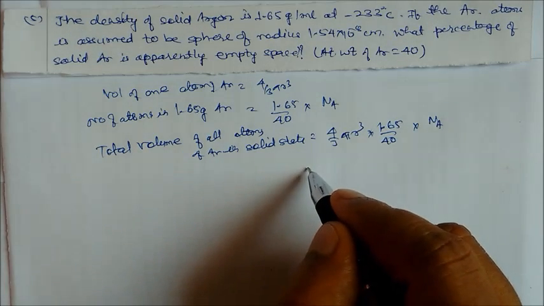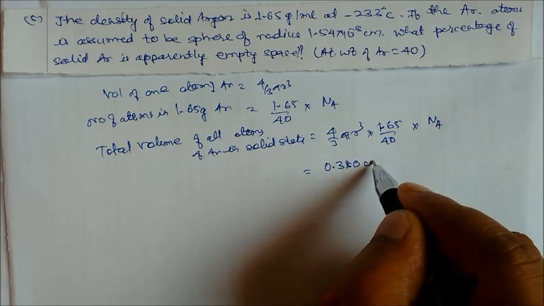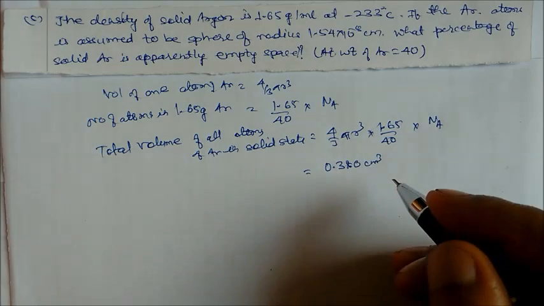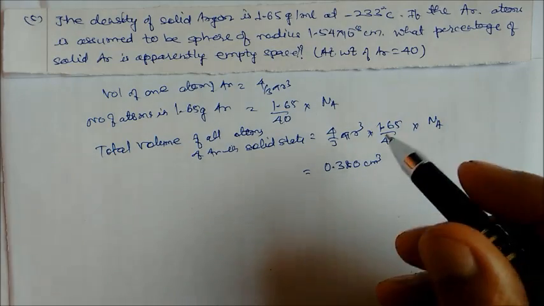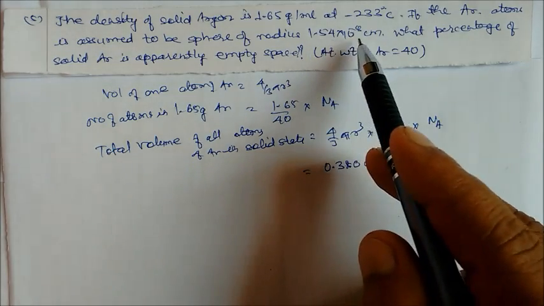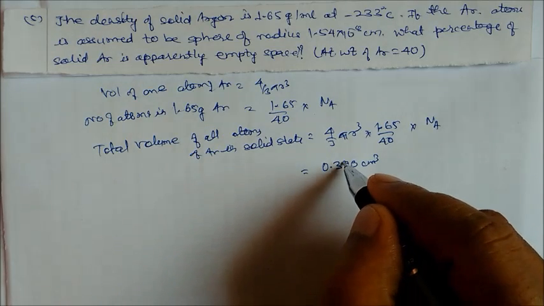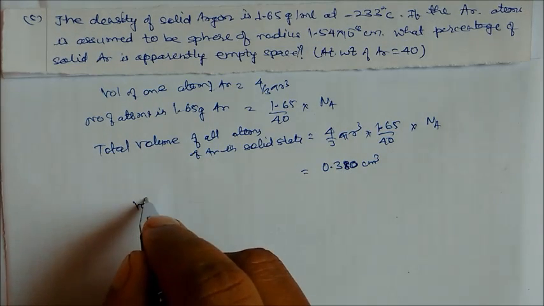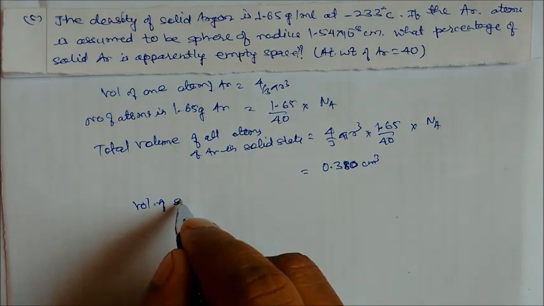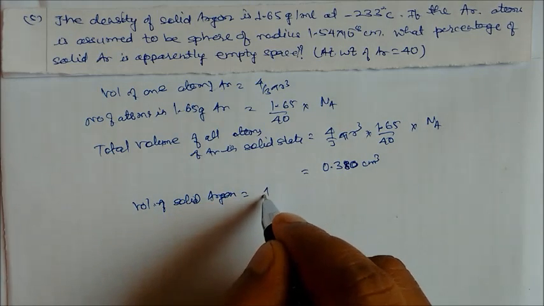So on solving, you will get here 0.380 centimeter cube. Okay. So what is the radius? Radius we already know that it is 1.5 into 10 power minus 8 centimeter. Now the volume of solid argon will be 1 centimeter cube.